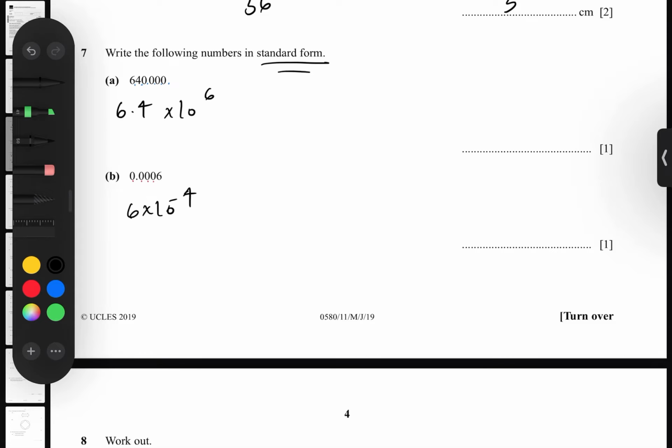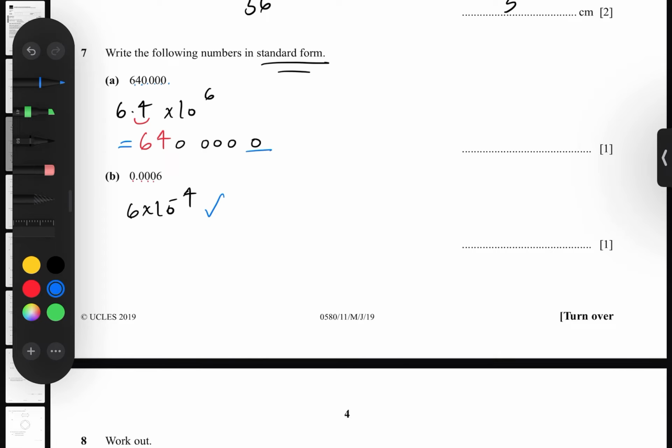All right. Now, 6.4 times 10 to the power of 6. And now, the thing is, if you were to test your answer, you would find out that the second one would be correct, but the first one has a bit of a mistake. 6 means you've got essentially 6 zeros. So first 0 makes that into 64, and now you've got 5 zeros left, so that's going to be 1, 2, 3, 4, 5.